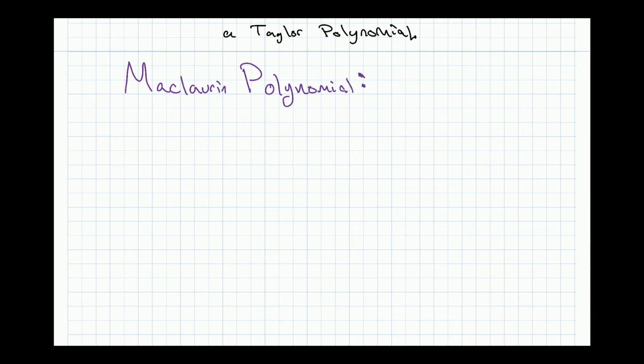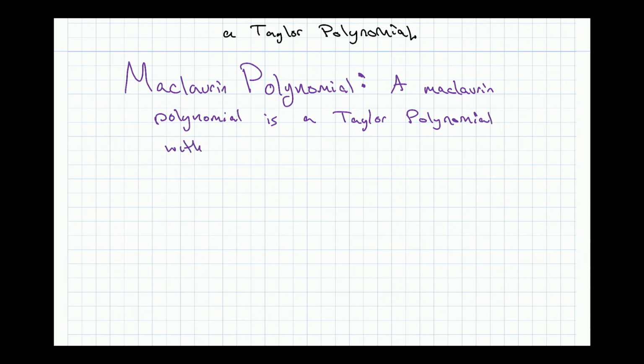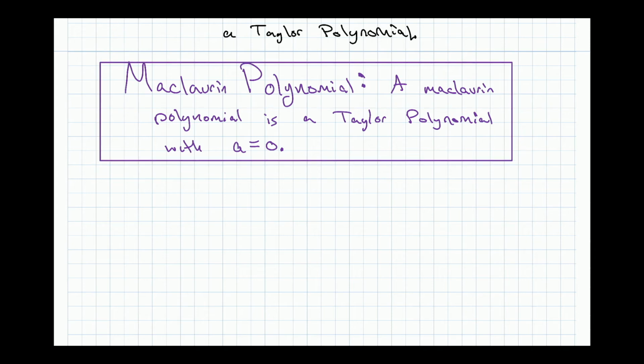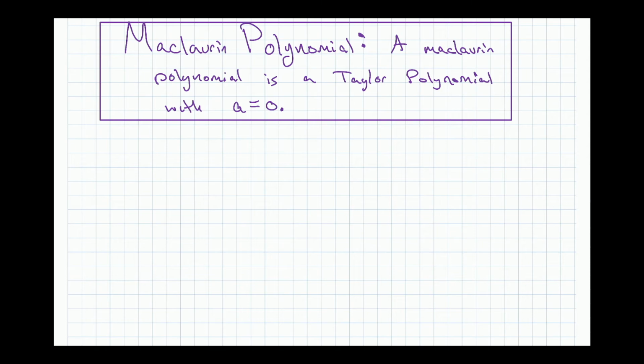A Maclaurin polynomial is a Taylor polynomial with a equals 0. That's it. That's all a Maclaurin polynomial is. It's just a equals 0. If you want to, you can write down a special formula for it, but you don't need one. You can just use the Taylor series formula.